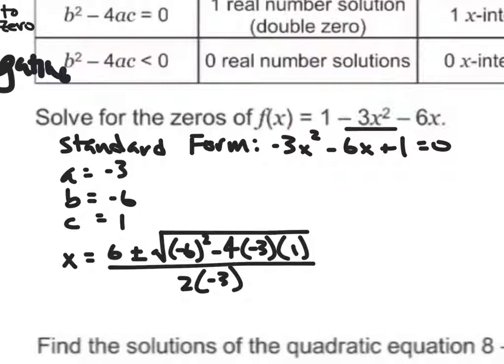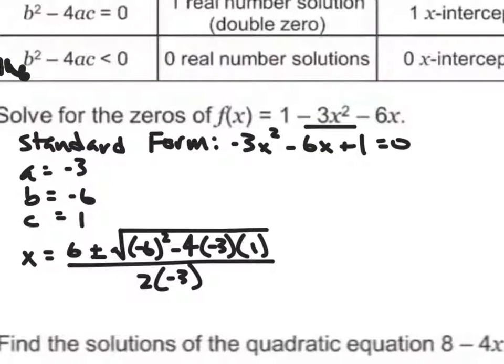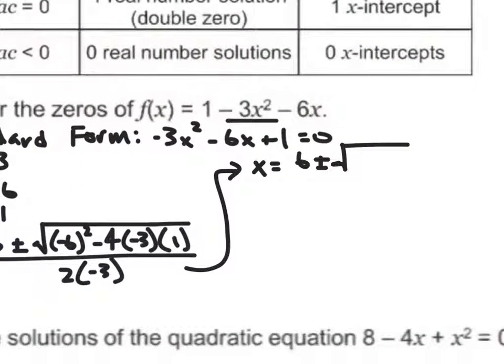So what I want to look at real quick is this discriminant and talk about this. I'm going to do x is equal to 6 plus or minus the square root. The b squared part, negative 6 squared, is going to be a positive 36, always. And then when I have a negative 4 times a negative 3, it's going to become a plus 12.